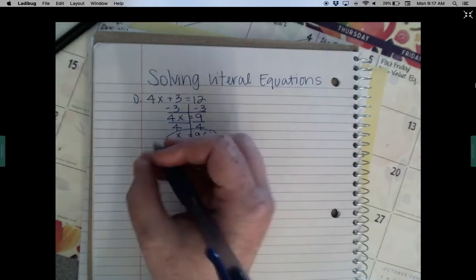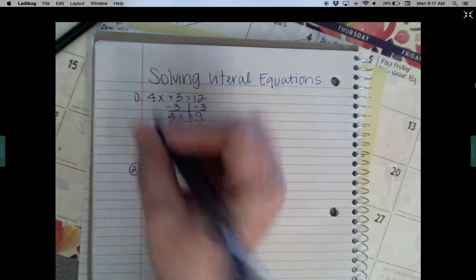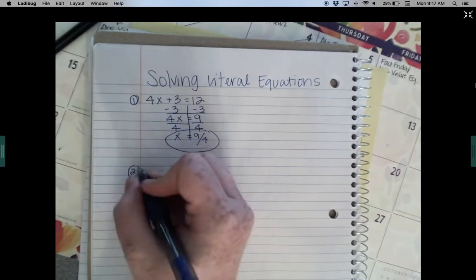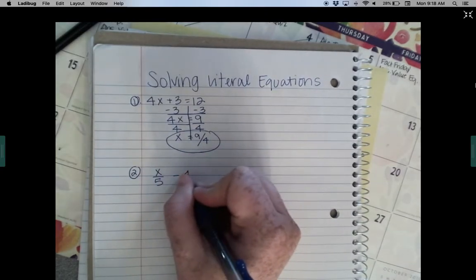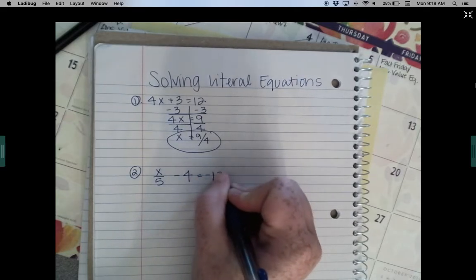Okay, let's do another one. Example 2, we're going to do x over 5 minus 4 equals negative 13.